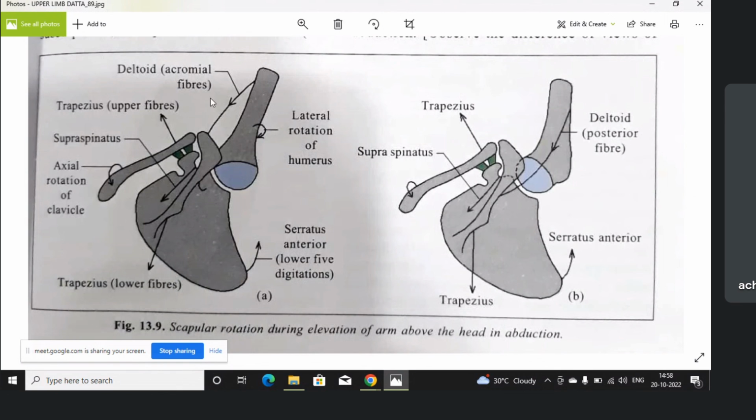Okay. Medial rotation is by the acromial fibers of the deltoid and supraspinatus.